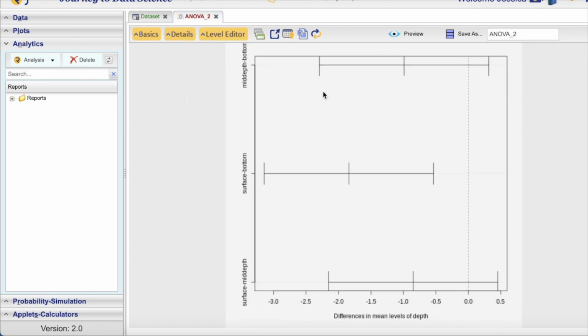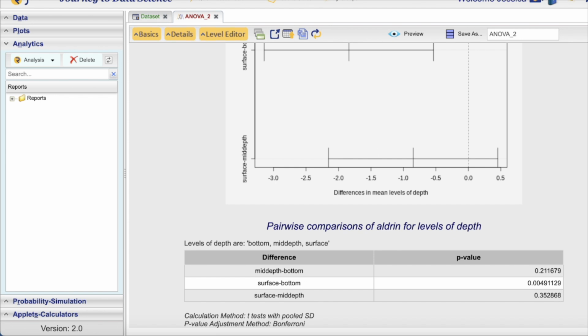So I'm going to skip Tukey for now. And at the bottom we have our pairwise comparison of Aldrin for levels of depth. So we tested bottom versus mid depth, and we failed to reject. We also did bottom versus surface, and we did reject.